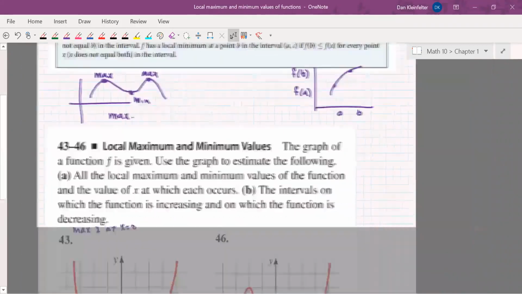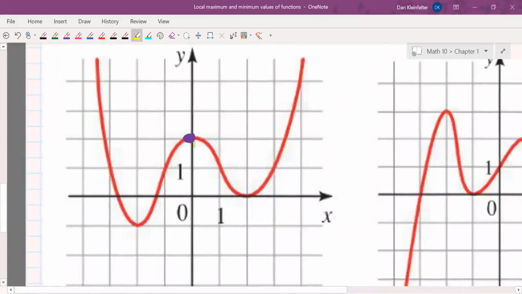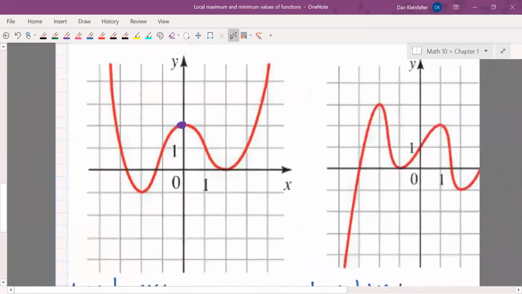So going back to the graph, what that says basically is this f of x you're seeing here in purple, is that bigger than all the other f of x's nearby? Yes, that's what that inequality says, that this function value is bigger than the other function values nearby. So it turns out that that's the only maximum there is.